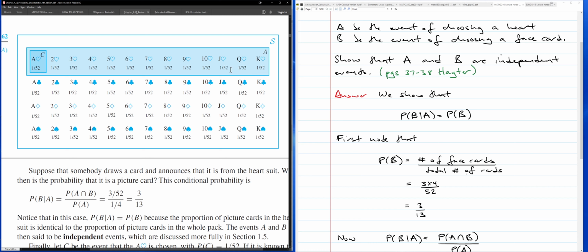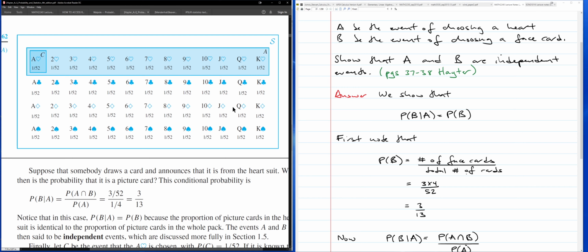So the probability of B is 12 out of 52. Now you're considering the conditional probability. Let's go back to the probability of getting a face card. That is 12 over 52, and notice your proportion there. The proportion of 12 for 52 is in fact 3 out of the 13.